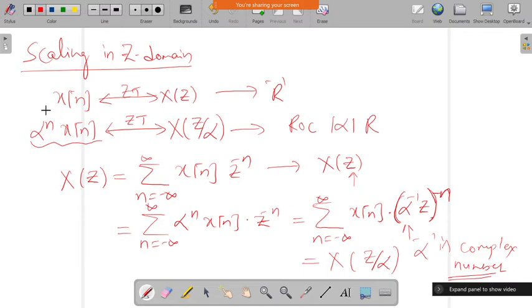Now if instead of alpha power n, we put alpha power minus n, then what is the scaling factor in the Z domain? Can anybody tell?